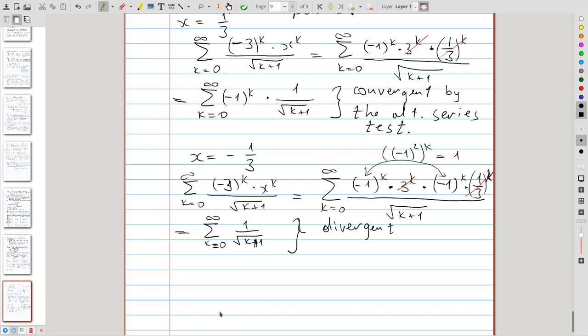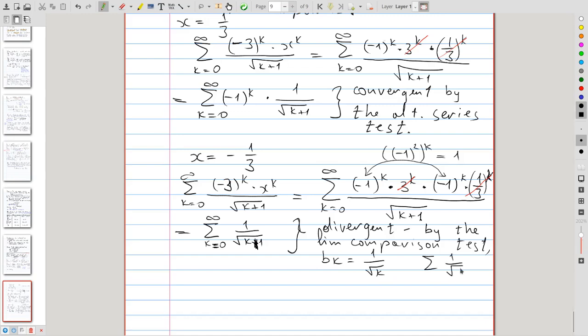and what seems to me to be the easiest way to check this is the limit comparison test. So it is divergent by the limit comparison test, and the series it should be compared to is the sum of 1 over square root of k.